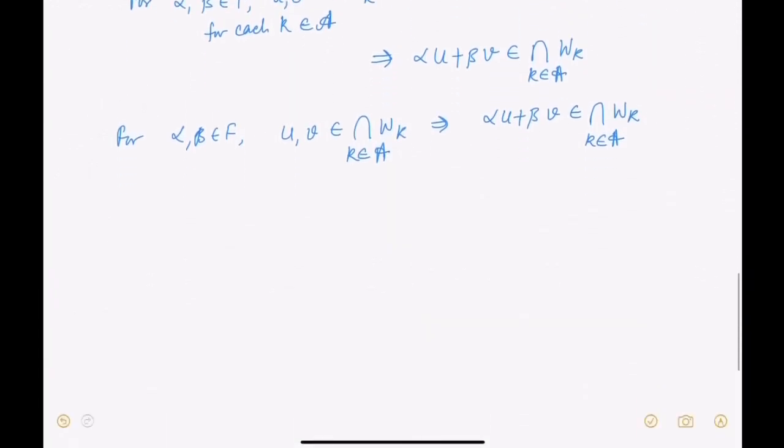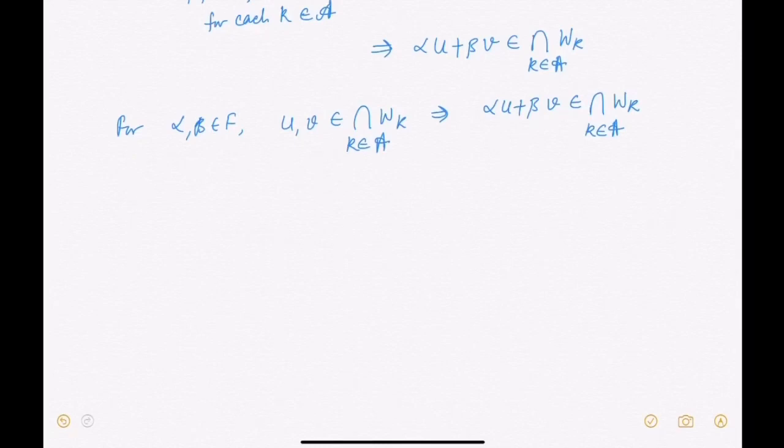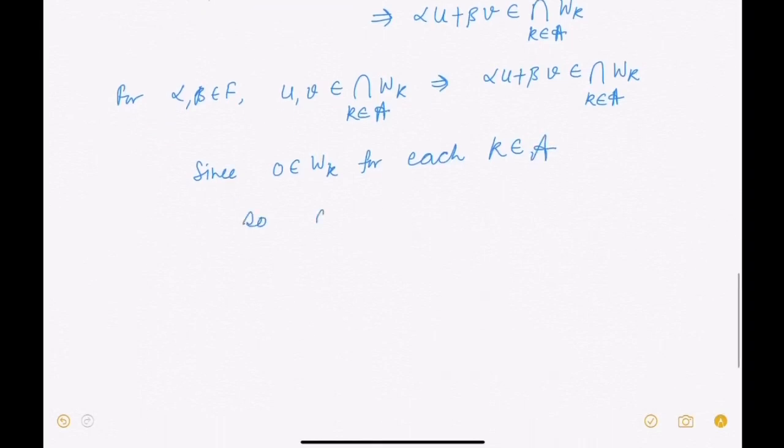Now next, since 0 belongs to Wk for each k belonging to the set of indices, 0 is an element of the intersection.